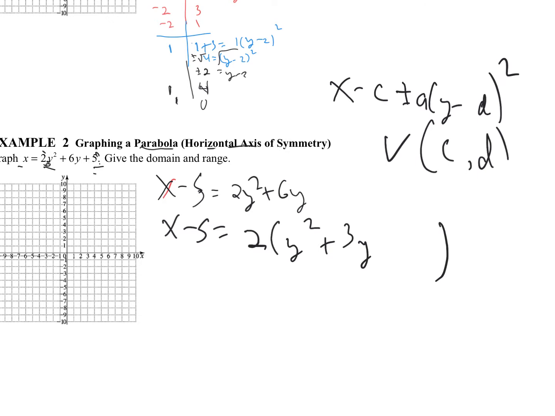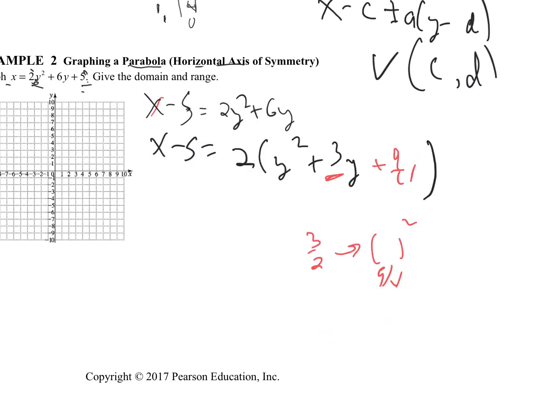This is not very pretty. Thank you, Pearson. How do I do it? I take this number, take half of it, 3/2. And then I take 3/2 and I square it. Remember I had to square it? That gives me 9/4. So I have to add 9/4. It's kind of a dirty trick, because it is a 9/4 going in here.